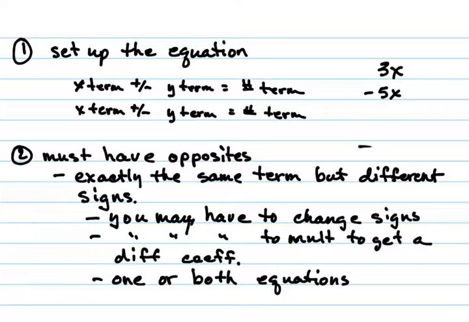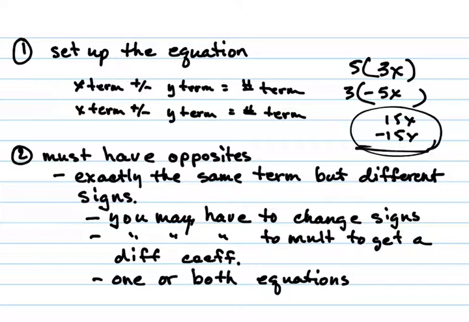Nope. Can I turn a 5 into a 3? Nope. But I can turn them both into a 15, right? So I'd multiply the top one by 5 and the bottom one by 3, which gives me 15x and negative 15x. And those two things are now opposites. So once you have opposites, if you added them together, you would get 0, which would mean you have no more of those terms. And that's our next step.